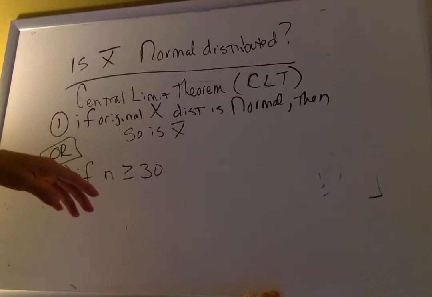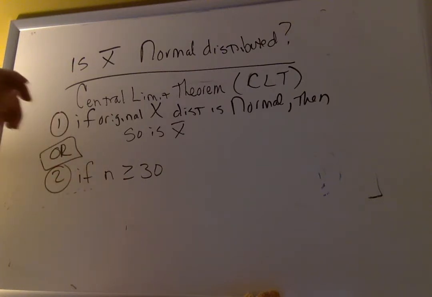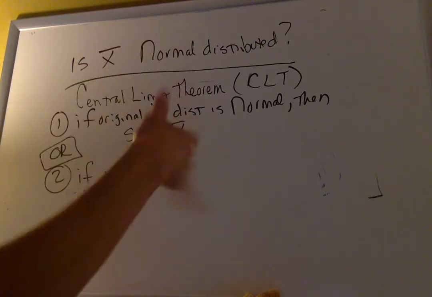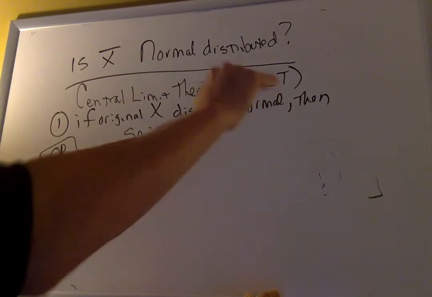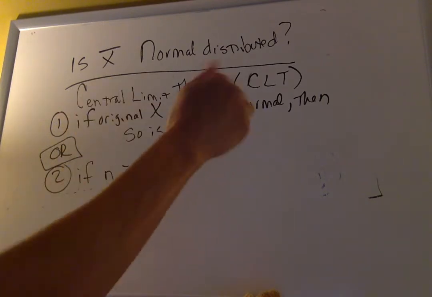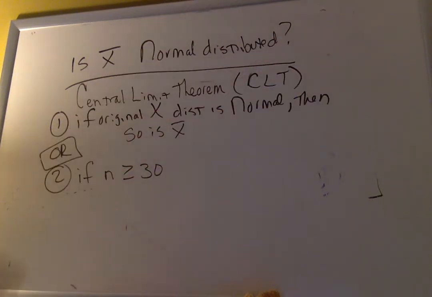If you have something that's a pretty good ski slope, really skewed, 30 is going to do it. Now, if you have something freaky, like a roller coaster going up and down, no, 30 is not going to do it. But what's interesting is, in real life, most data doesn't turn out to be like a freaky roller coaster. So most of the time, that actually really does work in real life.